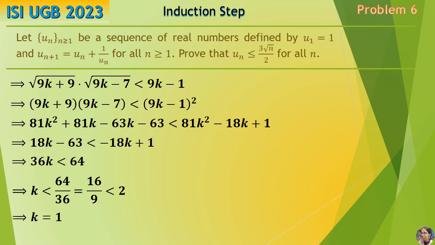Since k is an integer, therefore k equal to 1. Again, we arrive at a contradiction.